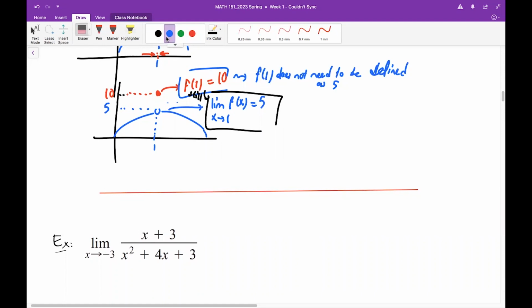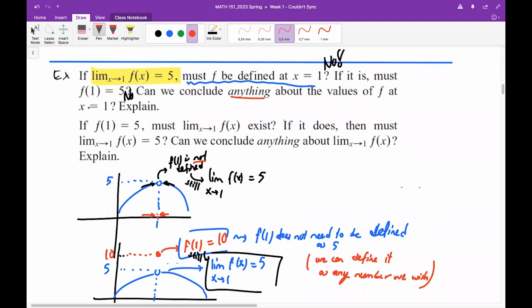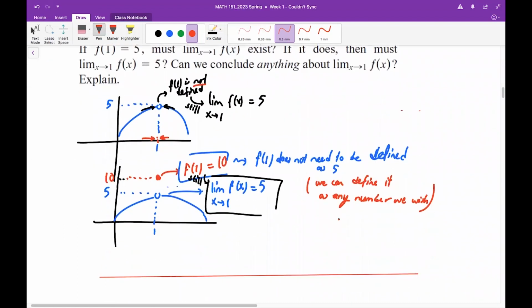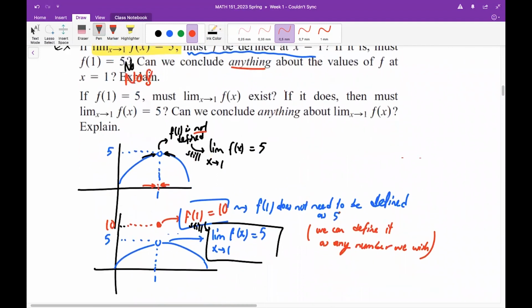So I will put this explanation: we can define it as any number we wish, right? You can put this dot anywhere you like. You will still have limit as 5, okay? That's why we cannot conclude anything about the value of f. It can be anything. This is also a big no, which is explained here. Is that okay? Any questions?